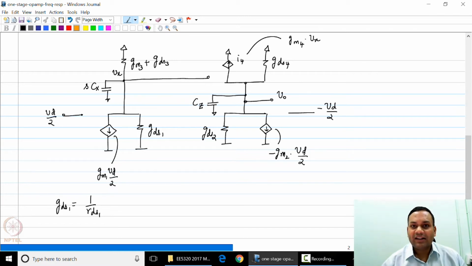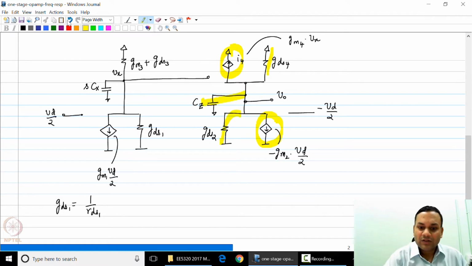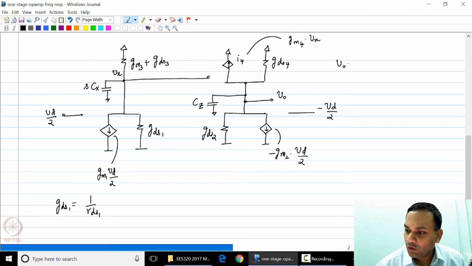So now we can start looking at the signal progression through the circuit. So let us first look at the output node. We can now see that voltage Vo is created by these two currents flowing into these three impedances. So we will write Vo to be equal to minus I2 plus I4.